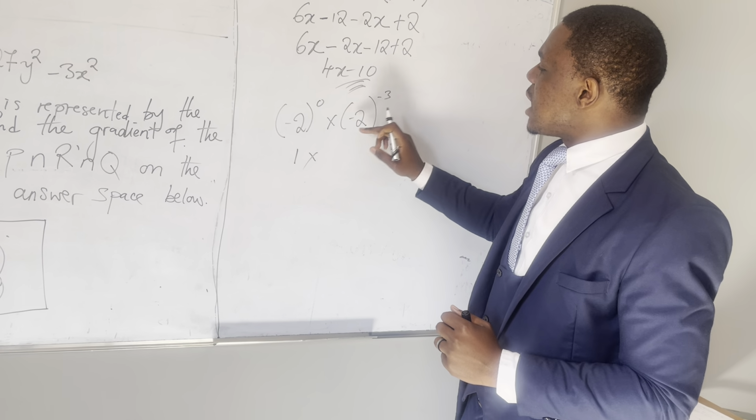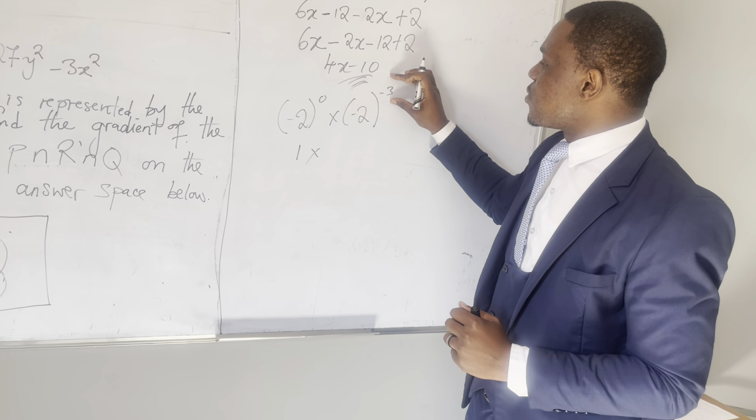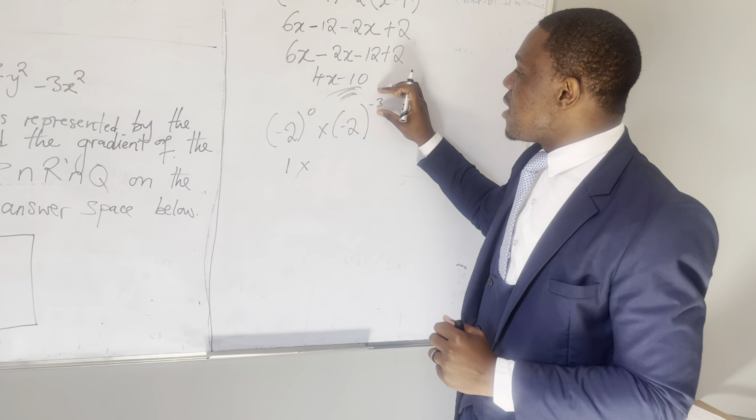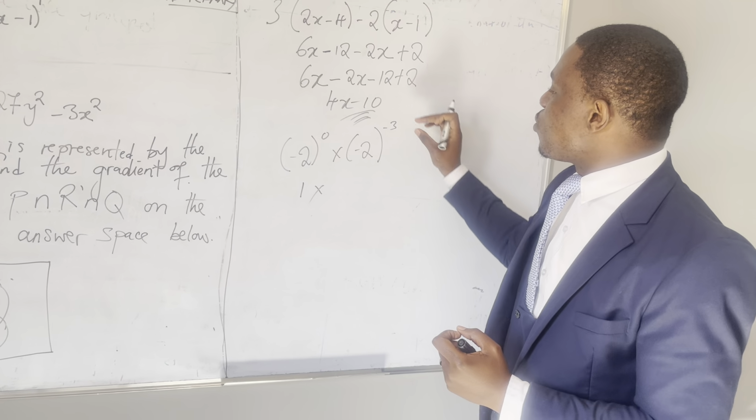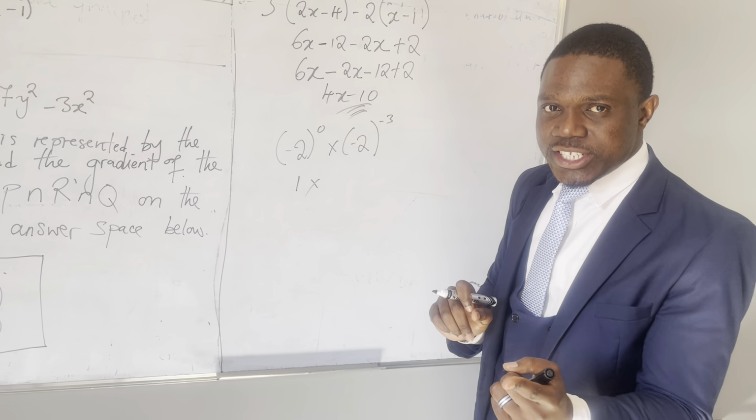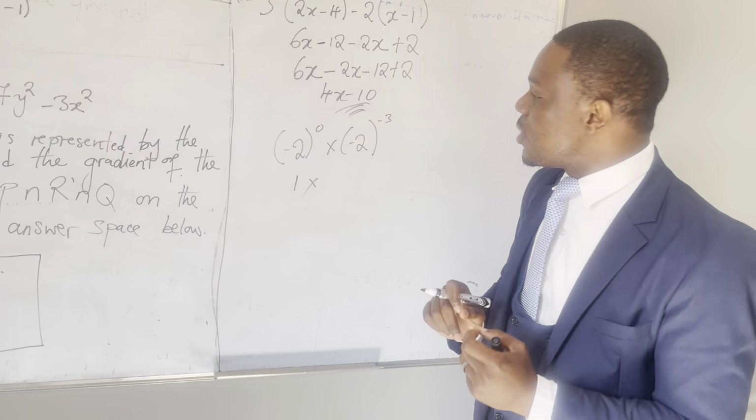Now, looking at negative 2 raised to the power negative 3, one of the things to consider as a priority is to make the 3 positive. And how do you do that? We do that by dividing this whole concept into 1. So we write 1 over negative 2 to the power positive 3. By dividing this into 1, it makes the power positive.